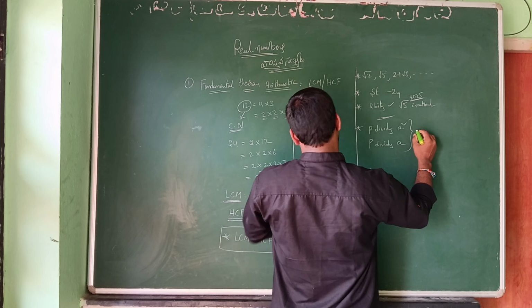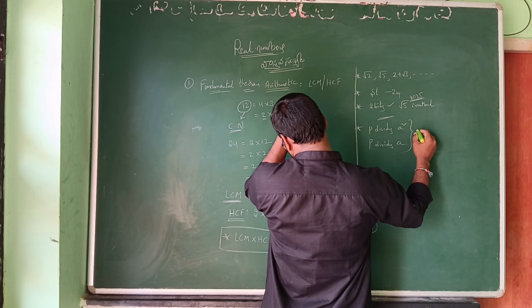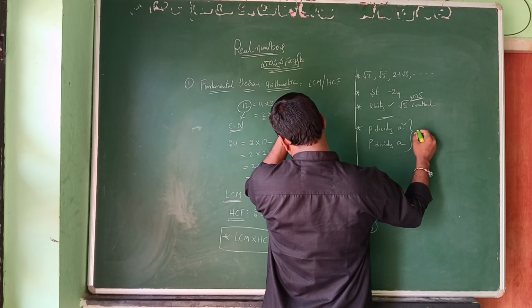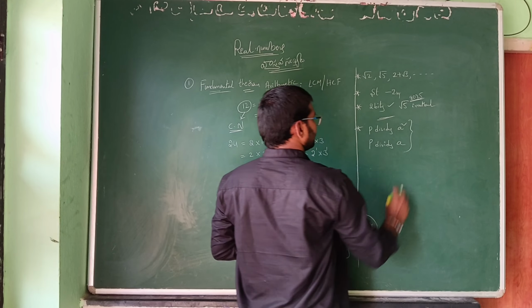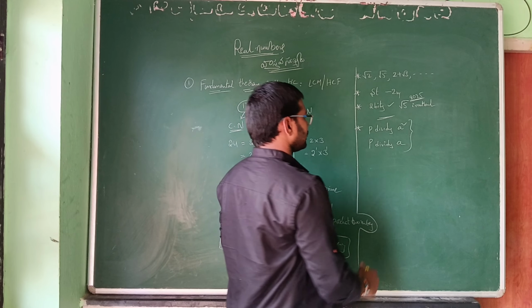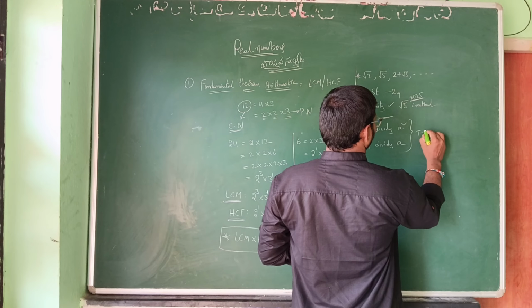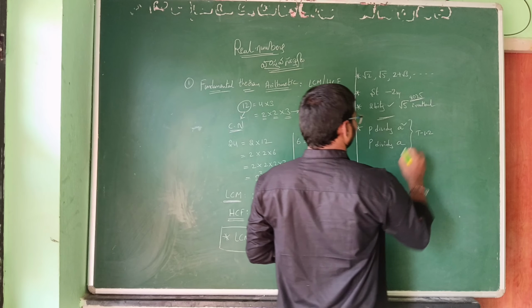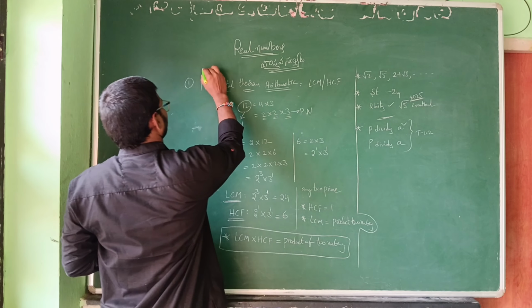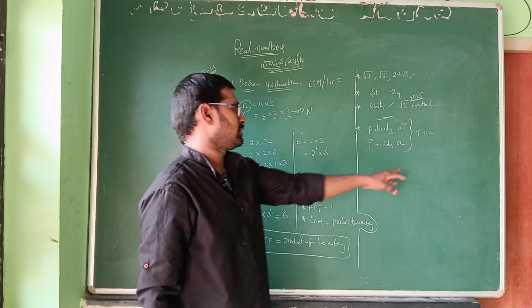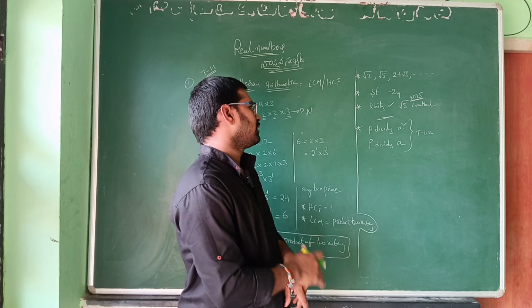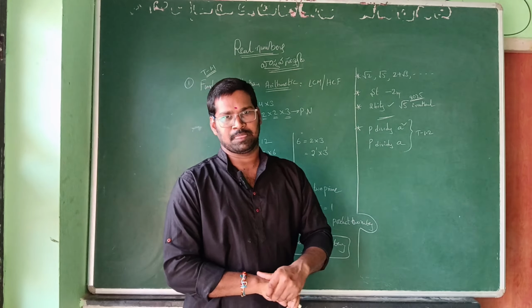Here p is a prime number and a, b are integers. This is theorem 1.2, and the earlier one is theorem 1.1, in our 10th class textbook. Okay? Fine.